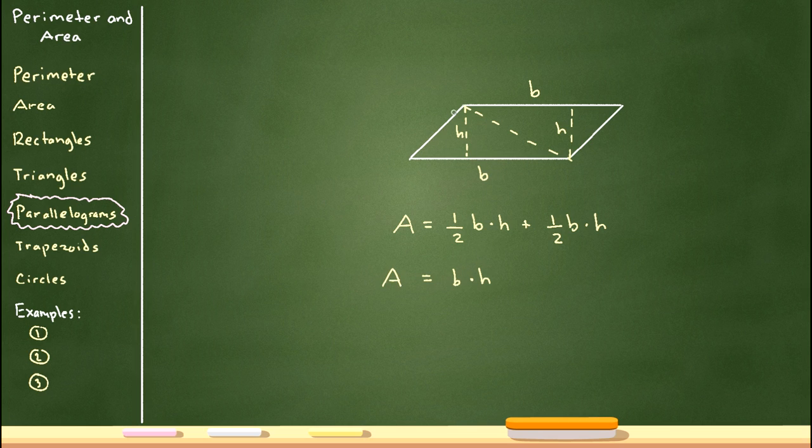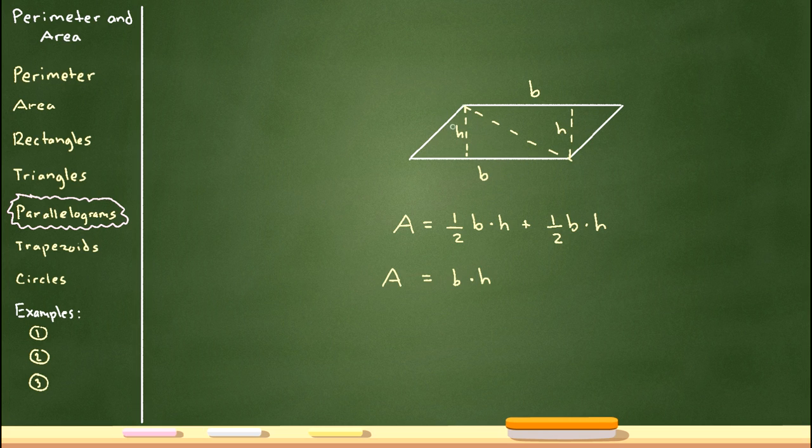So when we see a parallelogram, if we know the vertical distance from one vertex dropped down here, that's going to be the height. And if we know the distance from here to here, which is the base, then base times height gives us the area of this parallelogram.